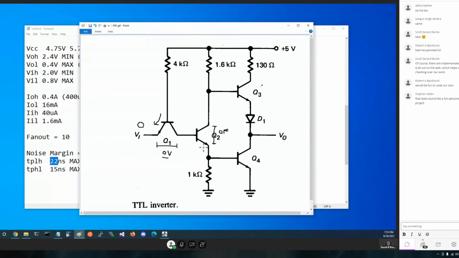Now, because it's off, we should know something about Q4. Scott, why don't you tell me about Q4? Keep going here, you're on a roll. All right, so Q4 will be off because we cannot have any voltage dropped across the base to emitter here.